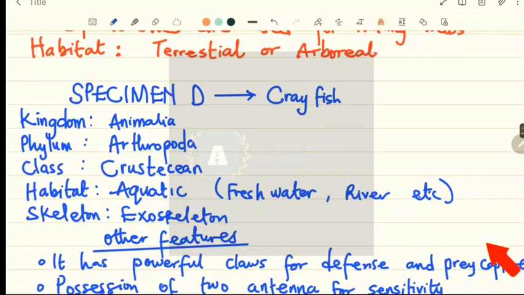The next specimen is specimen D, which is the crayfish.